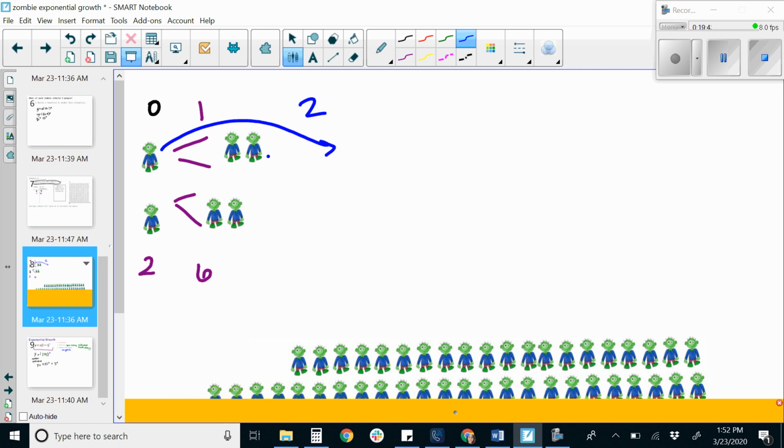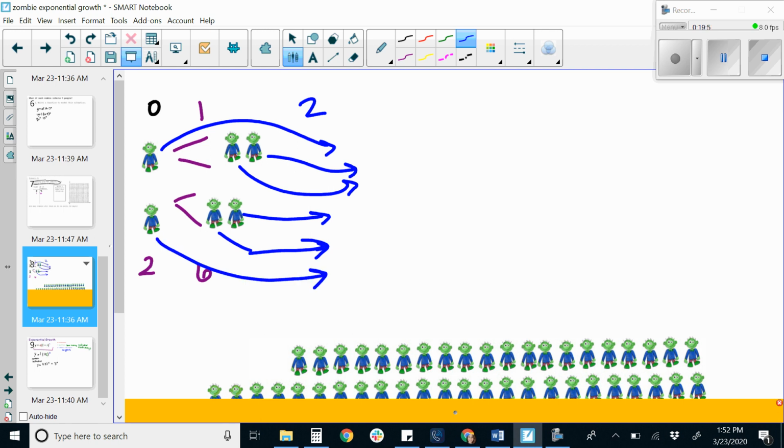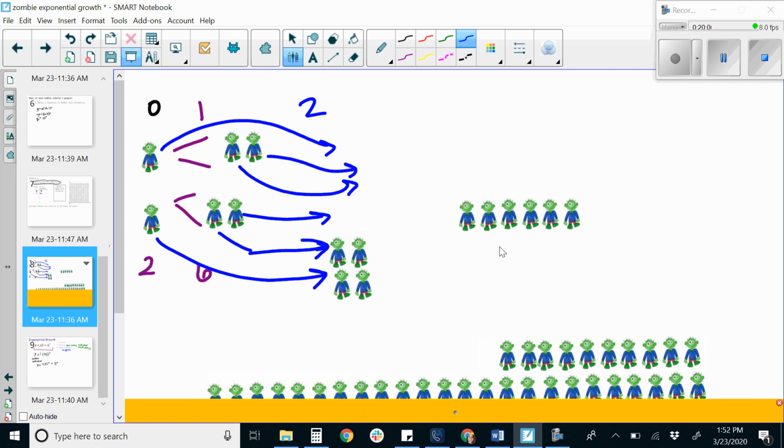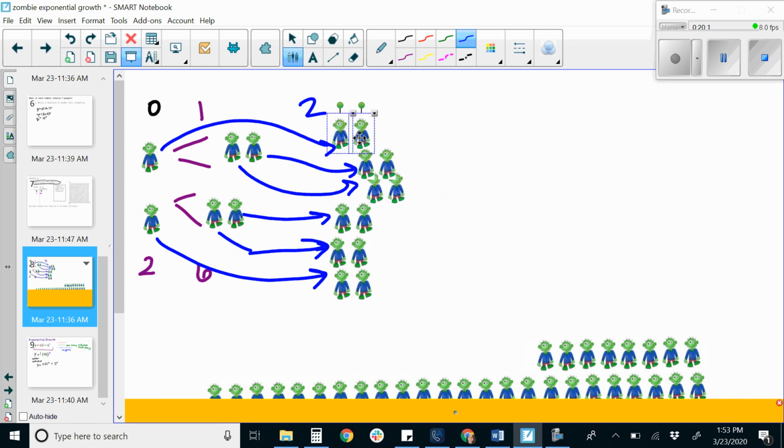So this guy gets 2, this guy gets 2, this guy gets 2, this guy gets 2, this guy gets 2, and this guy gets 2. 2 for him, 2 for him, 2 for him, 2 down here. So 2, 4, 6, 8, 10, 12. 12 new ones plus the 6 we already had, 18.